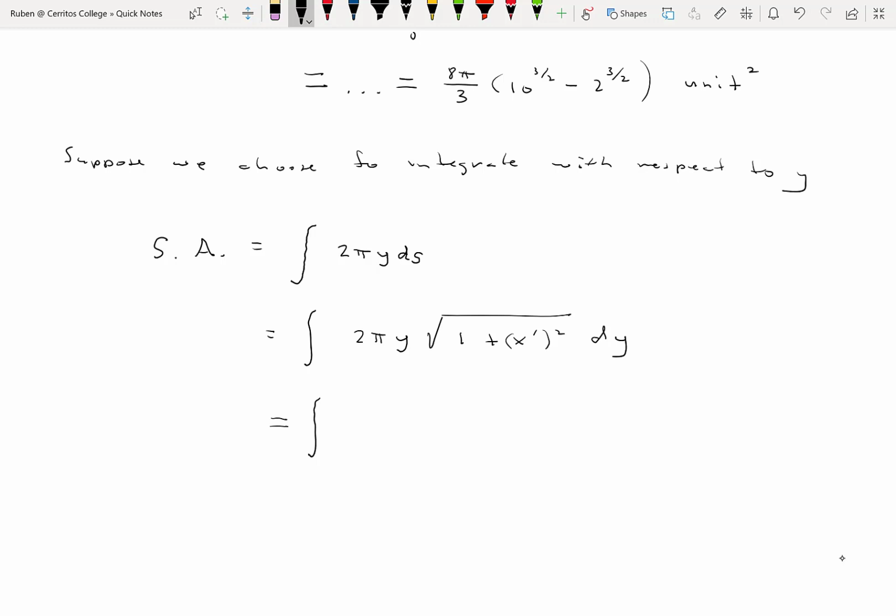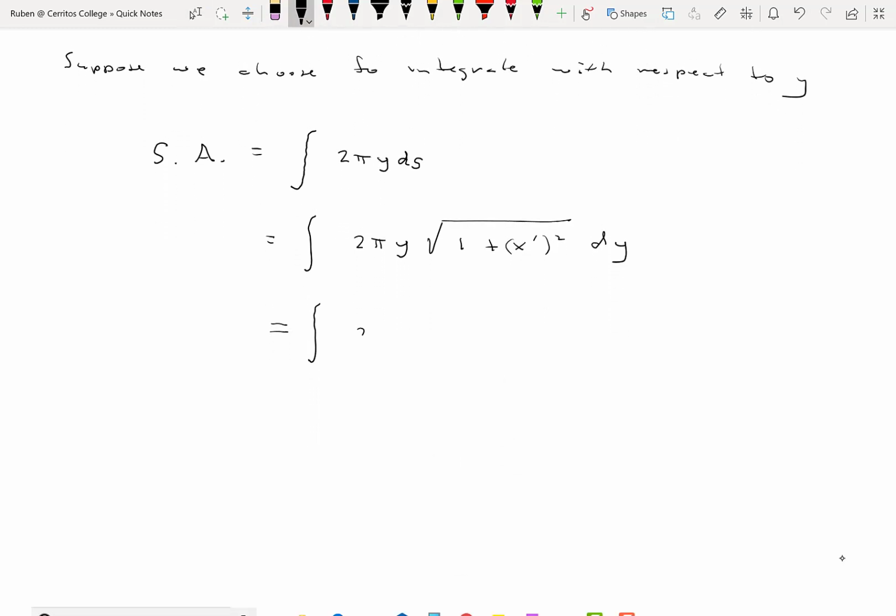Okay. Well, we have a little work to do. We have 2 pi y, and we're going to need the limits with respect to y, and also the function with respect to y. So off to the right here, our original curve was y squared equals 4x plus 4.